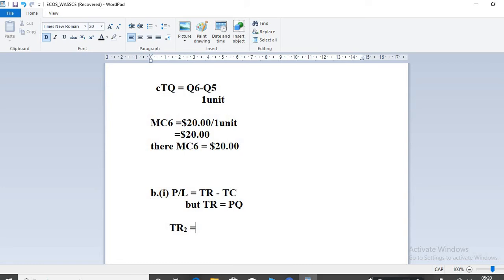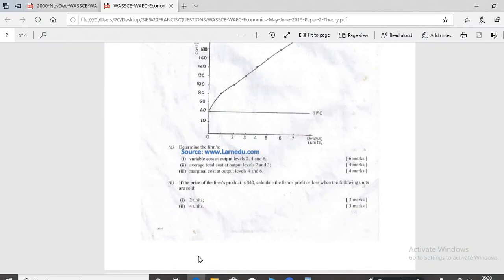And from the question, the price for the firm's product is $40. The question always gives you a hint of the price. So from here the price is $40.